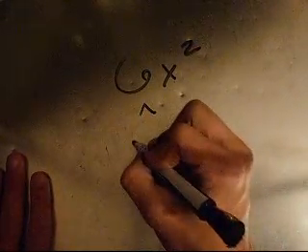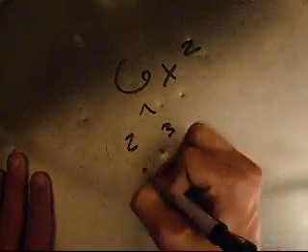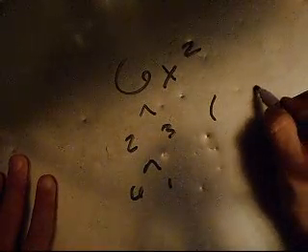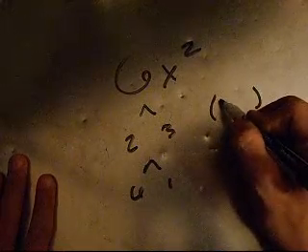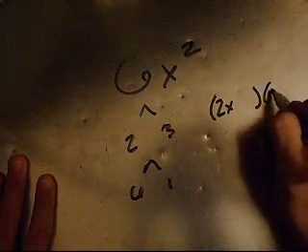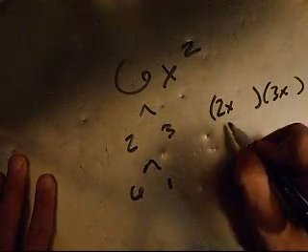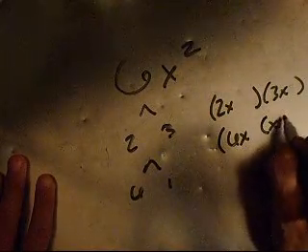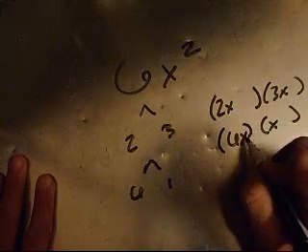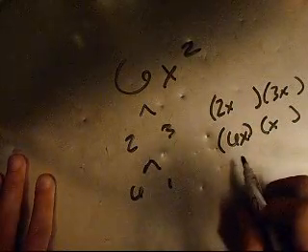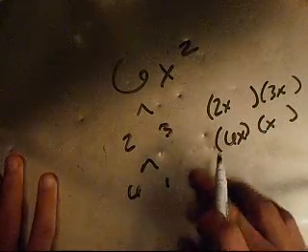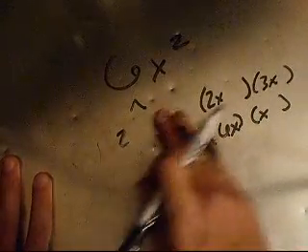This can go out to 2 and 3, or it can go out into 6 and 1. So when you put it into a binomial, as I said before, it could be 2x and over here a 3x, or over here a 6x and over here a regular x. So it can make things a lot more difficult when you can make a factor out of a 6.